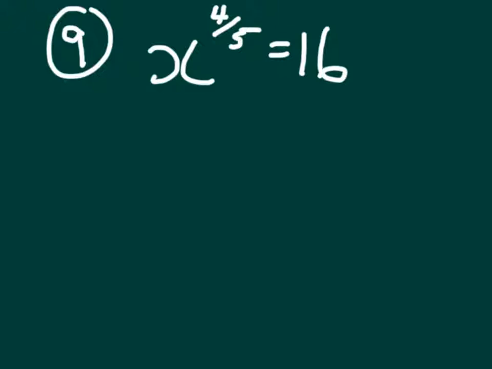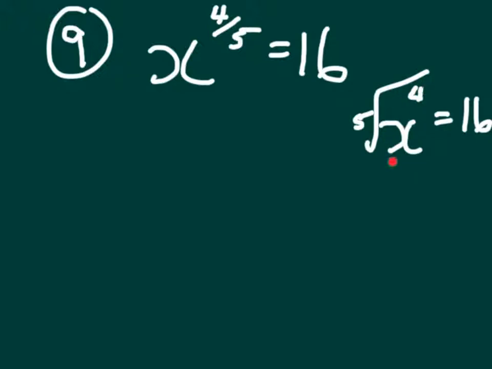So now let's take a look at x to the power of 4/5 is equal to 16. Is this possible? This is the same as saying x raised to the power of 4 and then fifth rooted is equal to a positive answer. Well, a negative integer raised to the power of 4 makes it a positive integer, and the fifth root of a positive integer is equal to a positive answer.